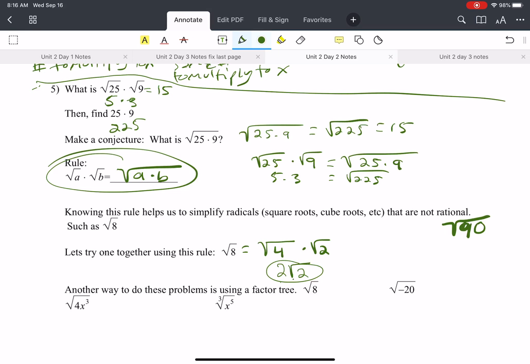No, try again. 9. The square root of 9 is a perfect number, so I can split this into the square root of 9 times the square root of 10. So 3 square root 10, because 3 times 3 is 9.